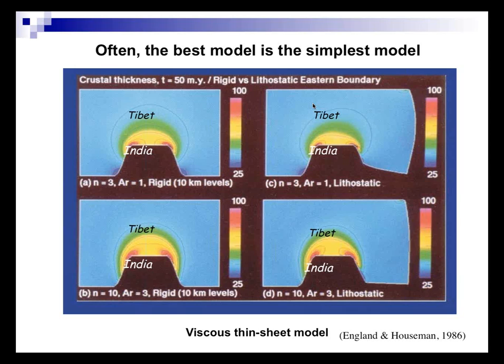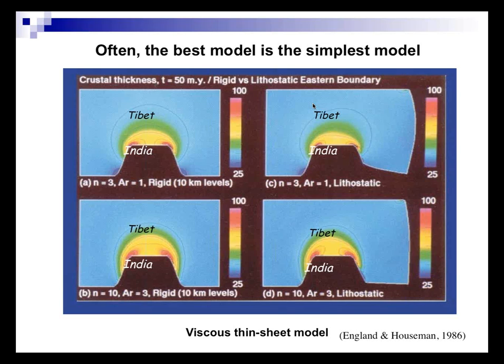So I can just use a thin viscous fluid and have a region indented as India to push into the Asian continent to see what happens. And in such a simplification, this model captures some important features of this collision tectonics.